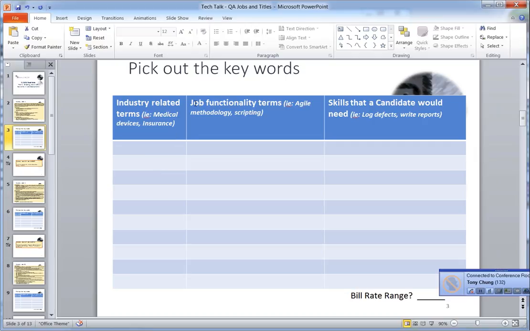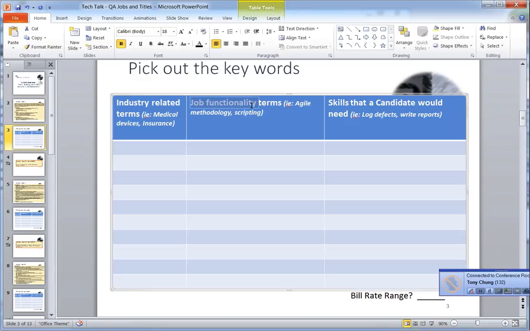Second thing you want to pay attention to is what are the job functionality terms in this job description. For example, I have agile methodology, scripting, those kinds of things that are functional work items that whoever's going to do this job has to perform. And the last piece is what are the skills that a candidate would need.